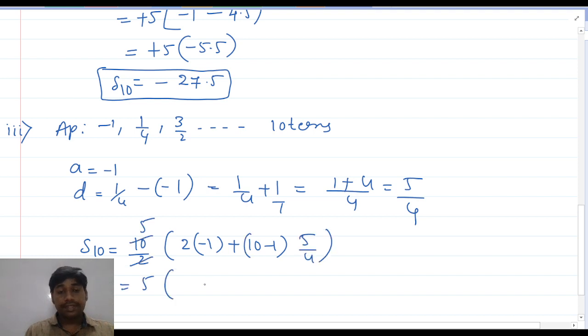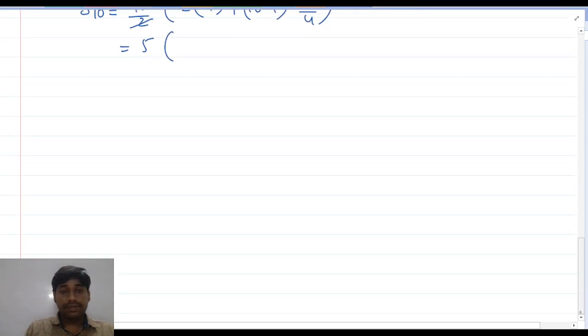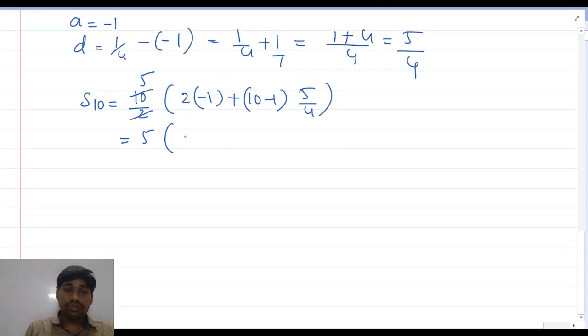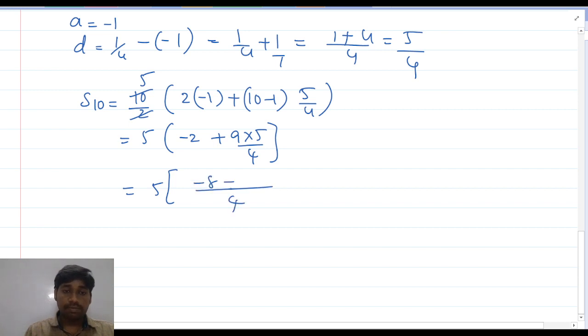Okay, then minus 1 into 2 is a minus 2 plus 9 into 5 by 4. So what we can do here, LCM is 4, 4 2s are 8 plus 45.